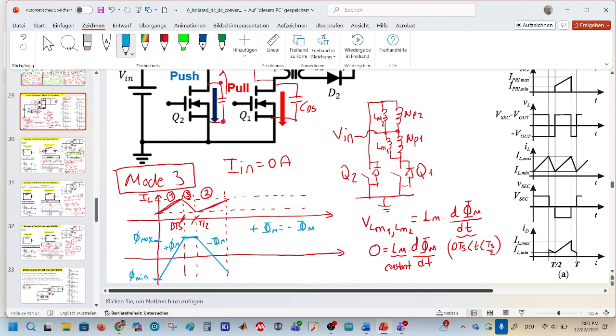No change means the flux should remain constant. And if the flux doesn't change on the primary side, there is no energy transfer to the secondary side.